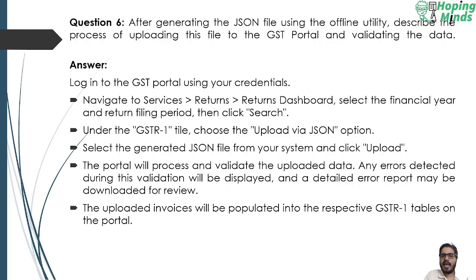The error log can be downloaded for review. The uploaded invoices will be populated into the respective GSTR1 tables on the portal. So the entire GSTR1 return will be imported at the respective tables if we have already generated the JSON file and used the prepare return offline option.